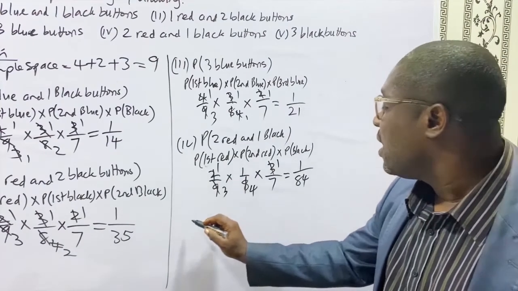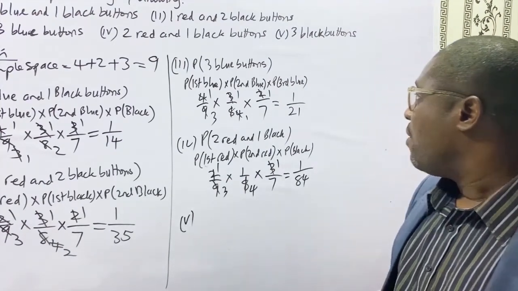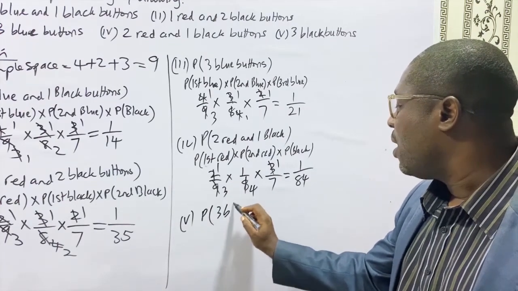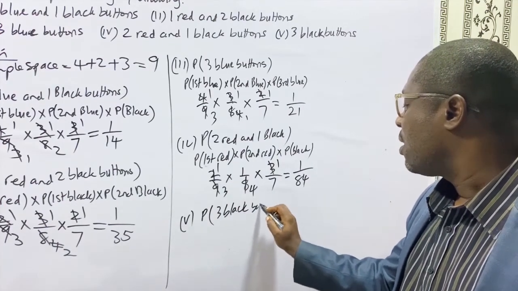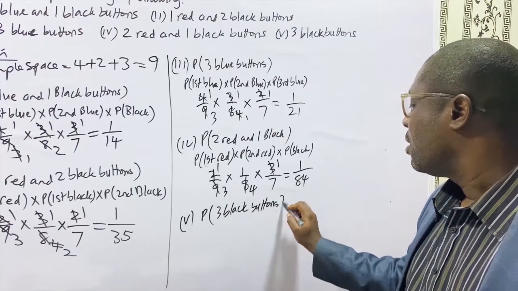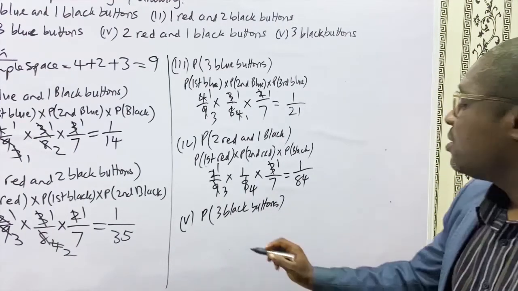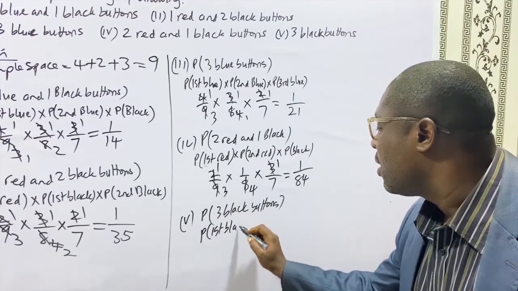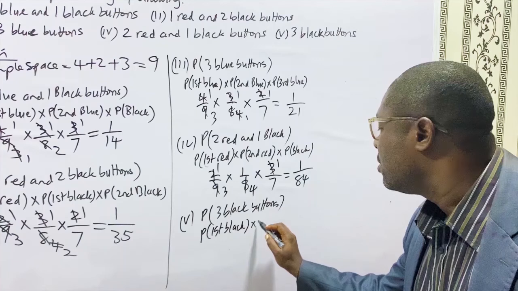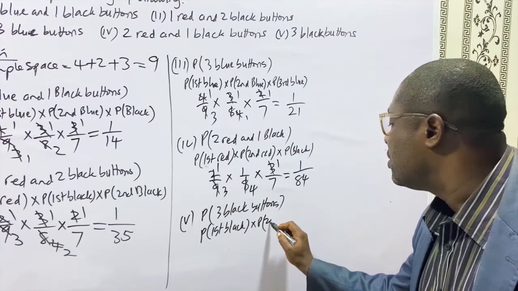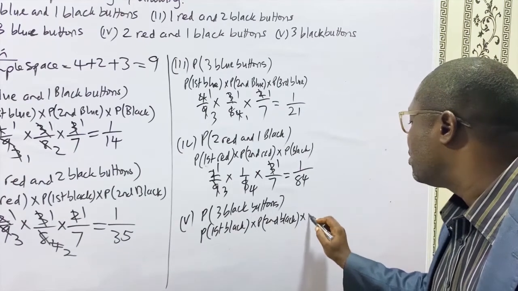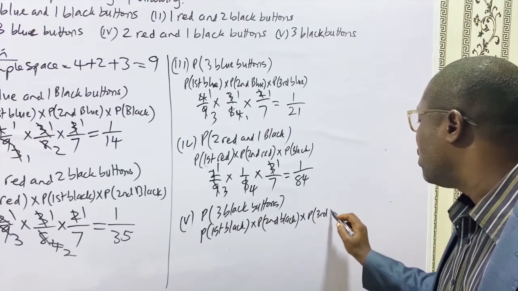Last but not the least, our number 5. What's the probability of 3 black buttons? So to find this, it will be probability of first black times probability of second black times probability of third black.